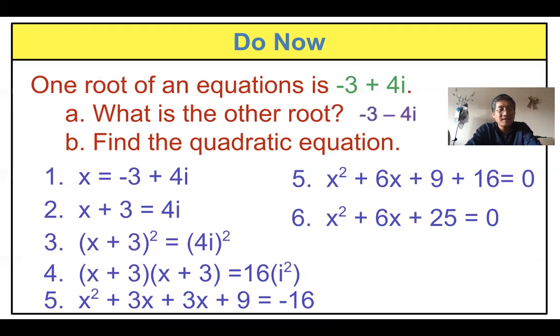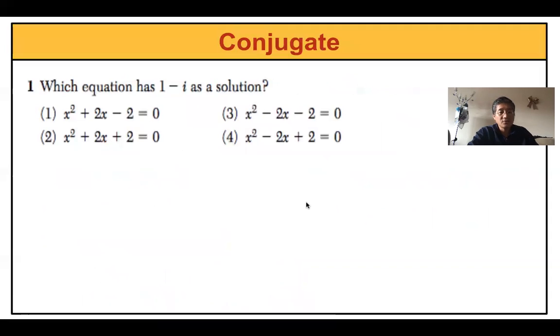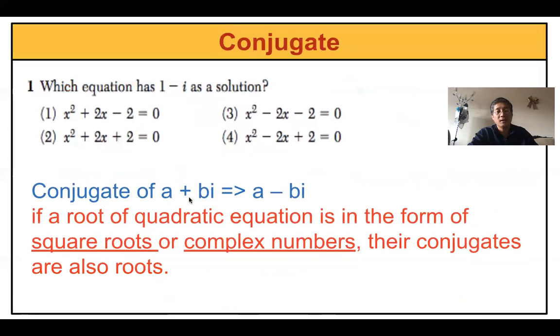Now today's lesson is very similar, with almost the same steps, but we are going to deal with irrational zeros. Conjugate, I think everybody already knows. 1 minus i goes with 1 plus i, the a plus bi form, right? a plus bi, a minus bi.